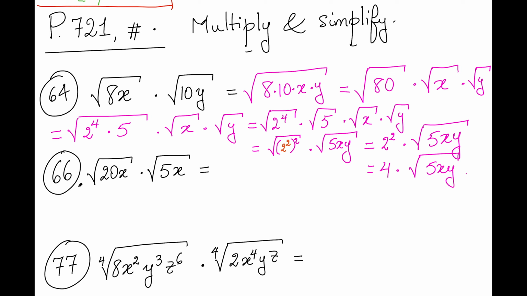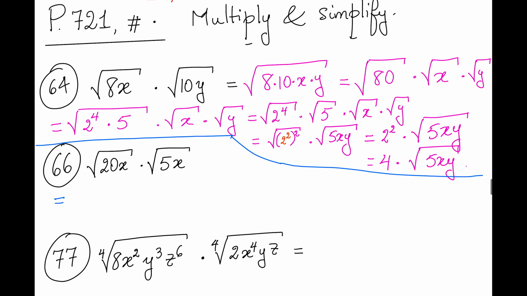All right, 66. The square root of 20x times the square root of 5x. Okay, let's use blue this time. Well, how about using the product rule for radicals?